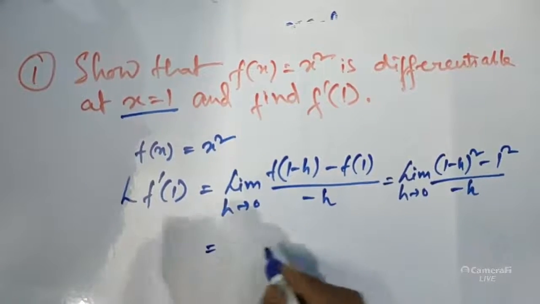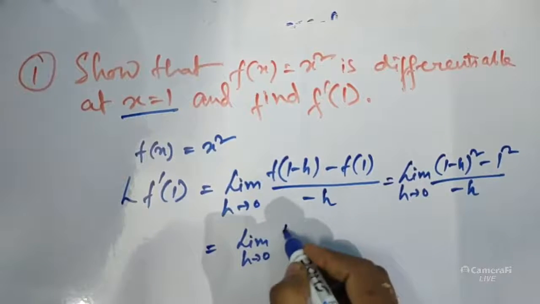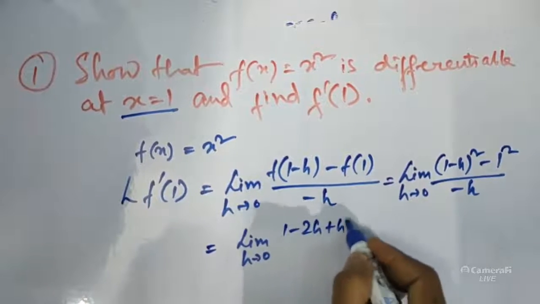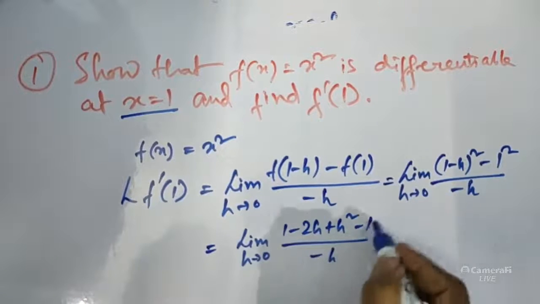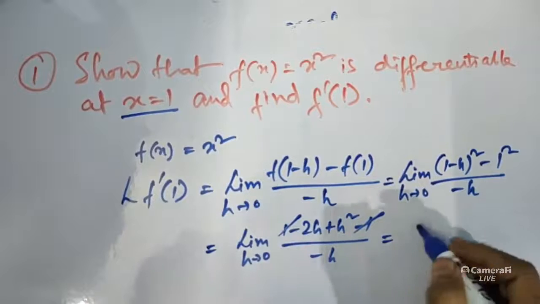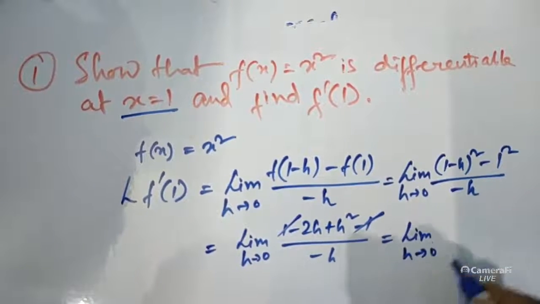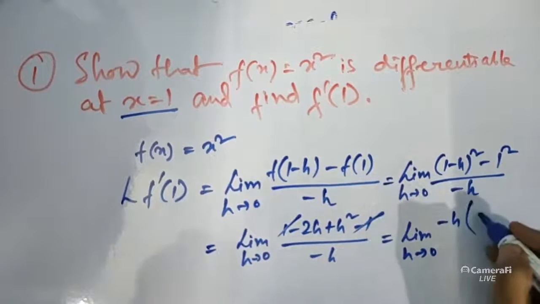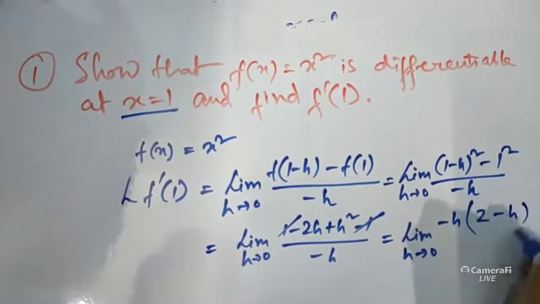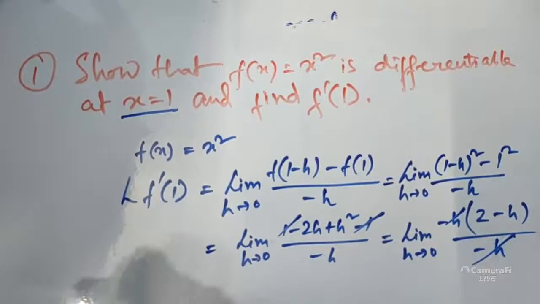Now limit h tends to 0, 1 minus 2h plus h square minus 1 divided by minus h, 1 cancels. Now if we take minus h common from the numerator, limit h tends to 0, minus h common, 2 minus h divided by minus h, minus h cancels.